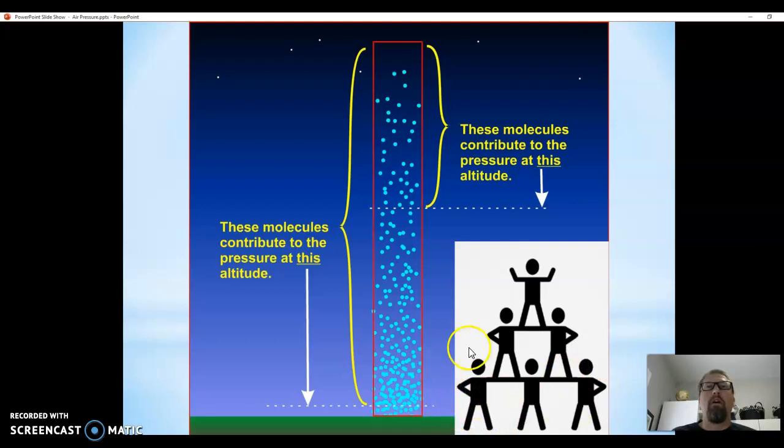We've got three people on the bottom, followed by two in the middle, and one on the top. The folks at the bottom, these three, have the pressure exerted on them from the mass of the two rows above them. The person on the top has the least mass exerted on them. There's no one standing on their shoulders. So as we move up the column, there's less mass and therefore less air pressure exerted. And we see that in this column here as well.